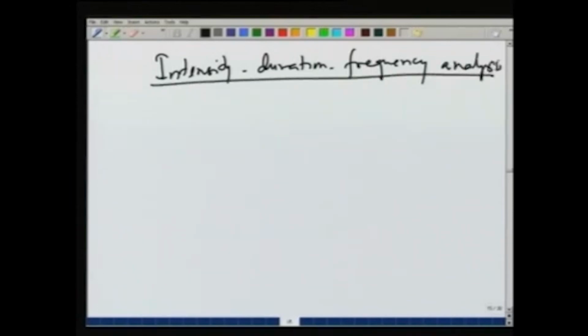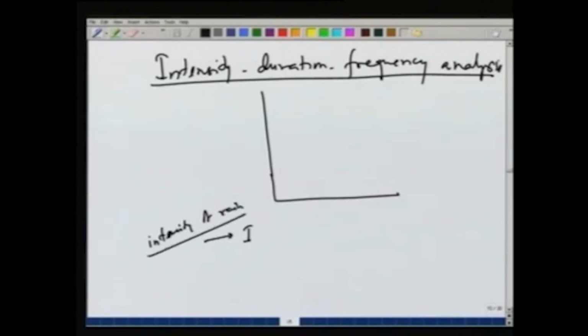Intensity, duration, frequency analysis means we draw curves which show how intense rainfalls are common. The equation which we typically use in this case, where suppose I is the intensity of rain.